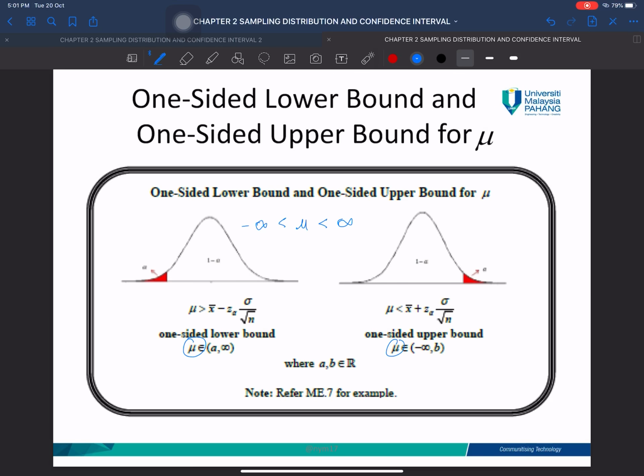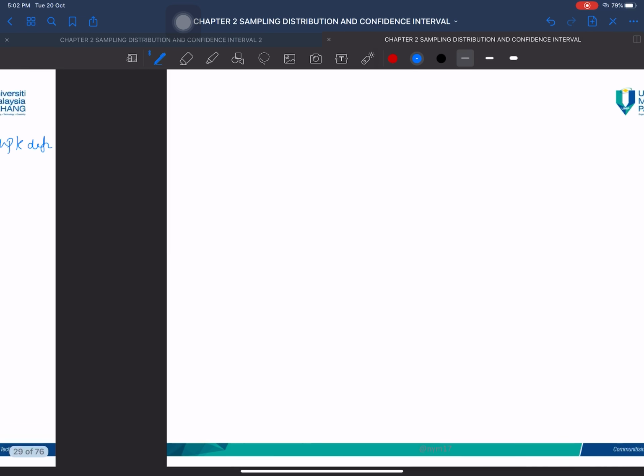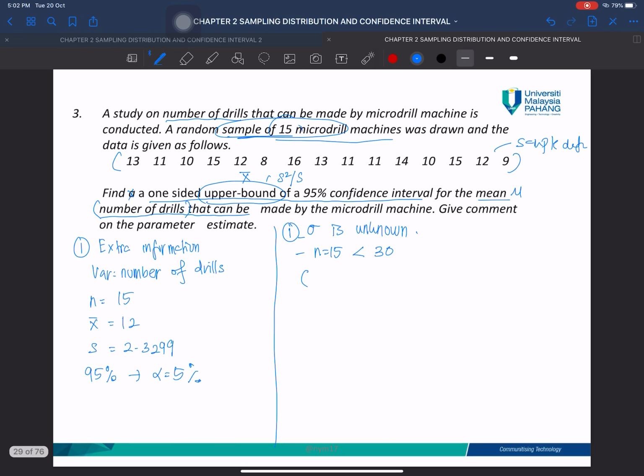But it depends on the variable. If the variable cannot be a negative value, then your mu starts from 0. Because we need to determine what is the lower bound value or upper bound value when we calculate for the one-sided. So we calculate for the B only.